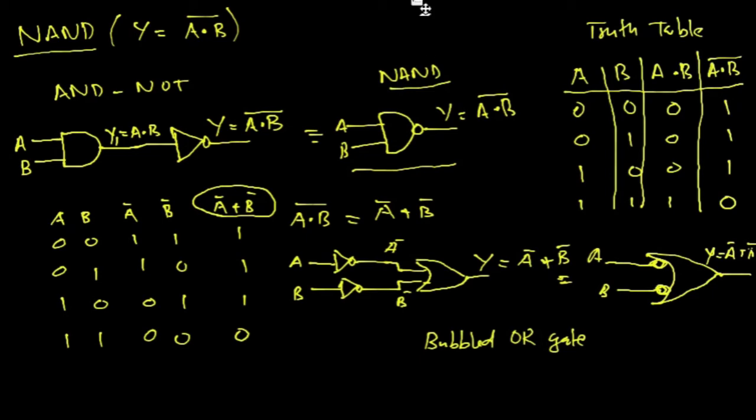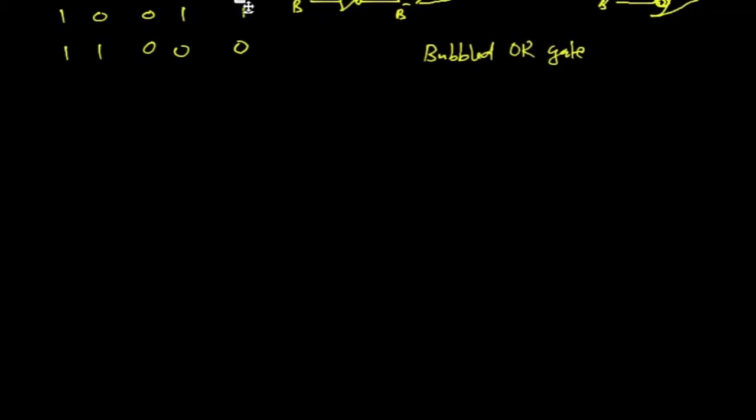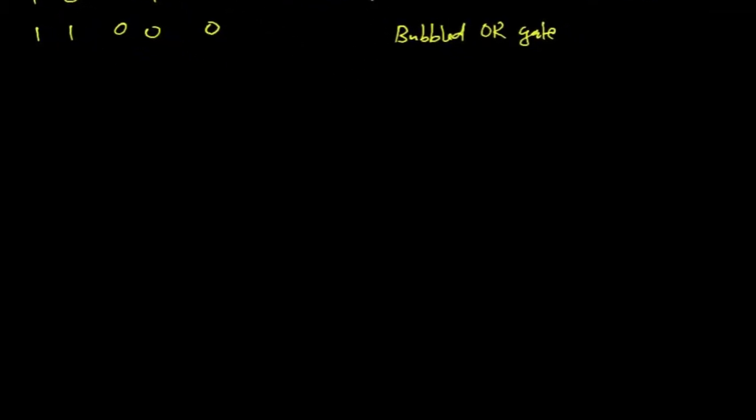So what I have to conclude here is that the Boolean expression of the NAND gate, that is Y is equal to (A and B) all complement, is the same as the Boolean expression for the bubbled OR gate.